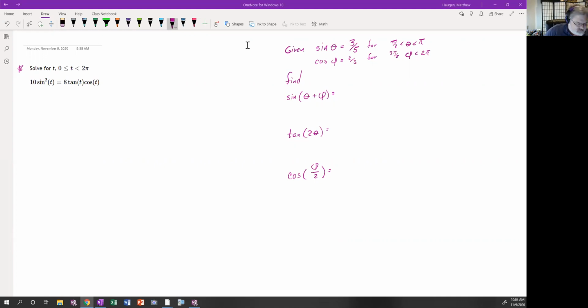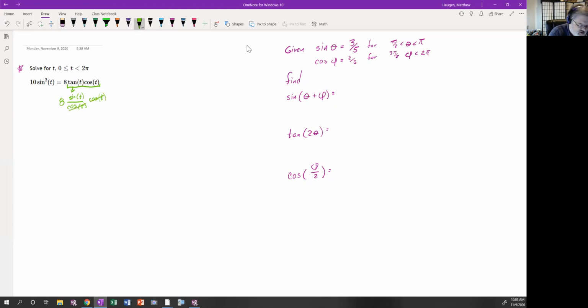I think it looks a little bit nastier than it is, mostly because it's got all the trig functions in it. But the big observation that makes this solving not too terrible is what happens when we multiply tangent by cosine. If we remember that tangent is sine over cosine based on the quotient identity, you've got that times 8 times the cosine of t.